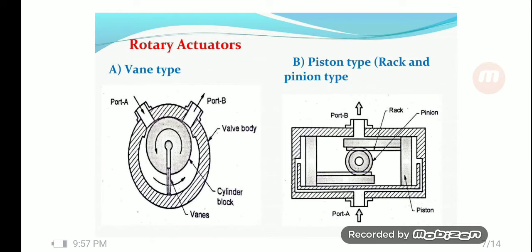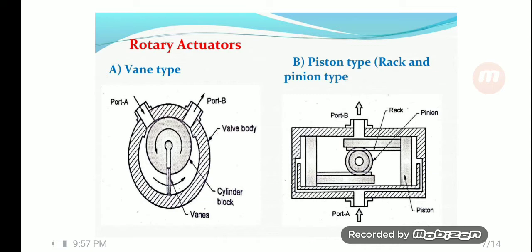Next are rotary actuators. In rotary actuators, first is the vane type. Vane type is a rotary actuator in which a body has vanes on its block. A cylinder block contains various vanes on its circumference.